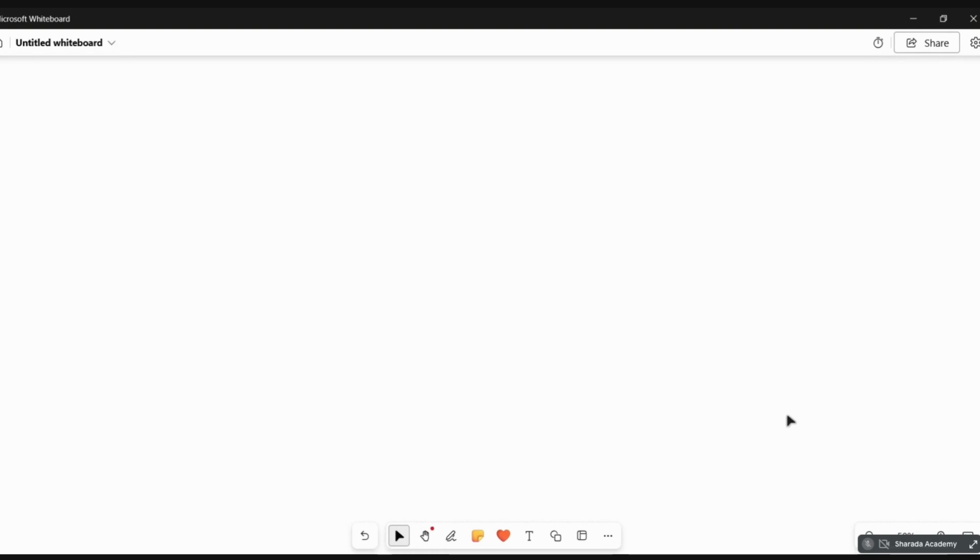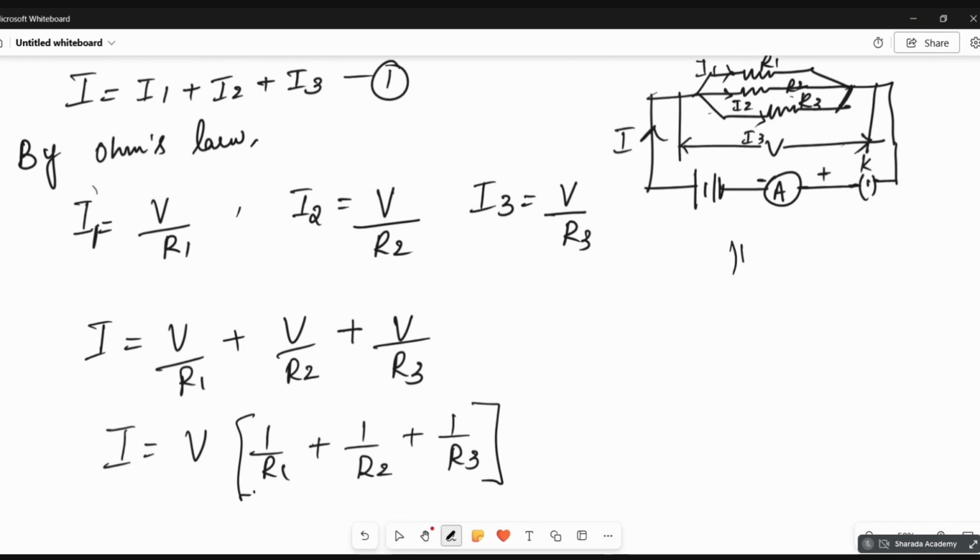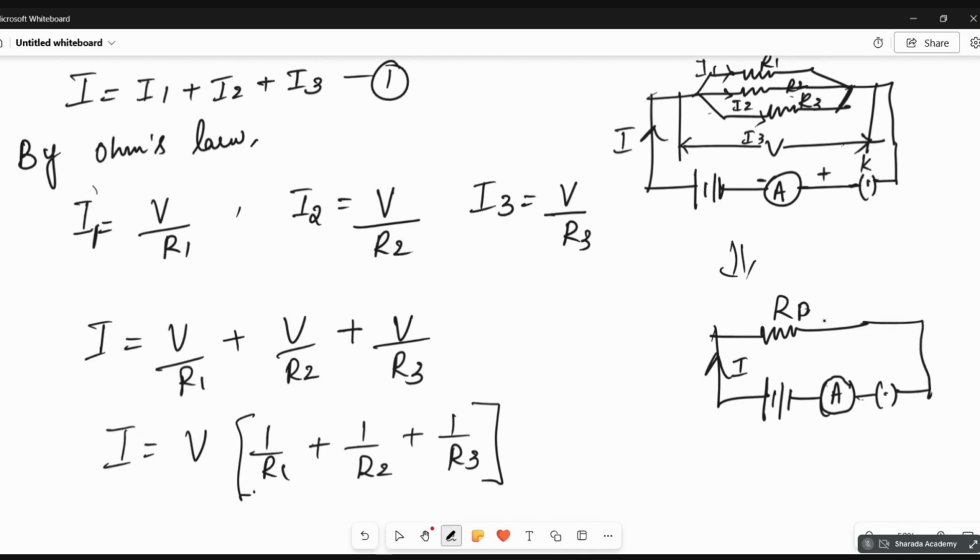Now, instead of all the three, I will put one resistor. I will call it RP. For the same voltage, I need the same current I. So I will remove all the three and put one equivalent resistance RP.